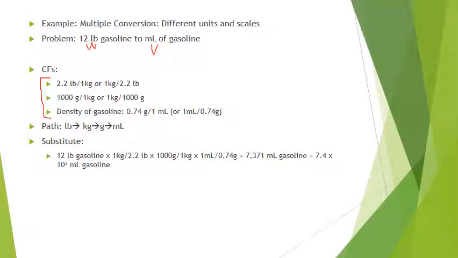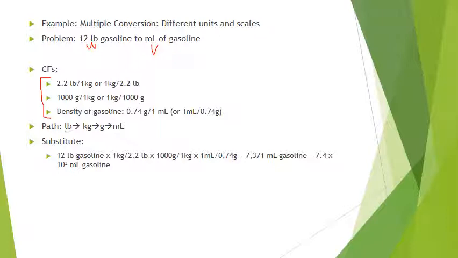So I have pounds to milliliters. I have to go from pounds to kilograms, kilograms to grams, and then finally grams to milliliters. And so these are the 3 conversions I'm going to use.